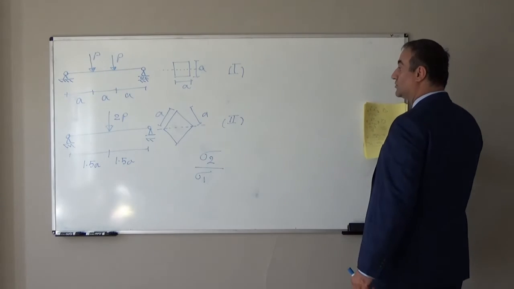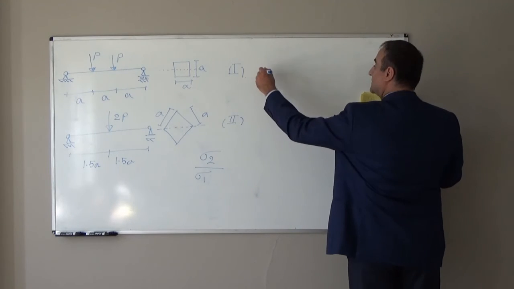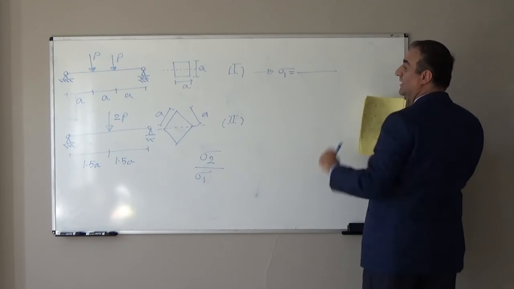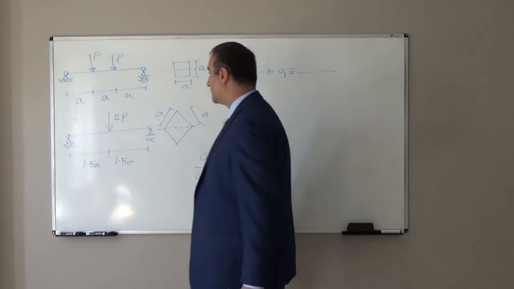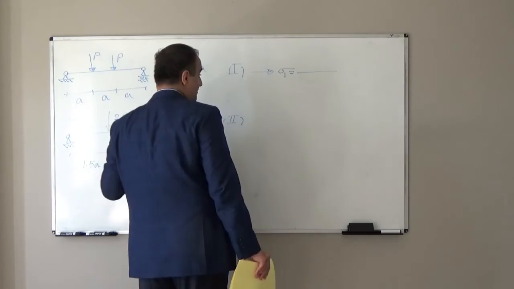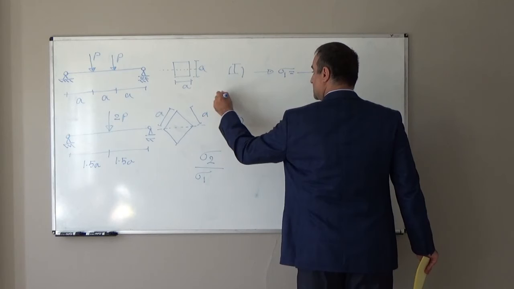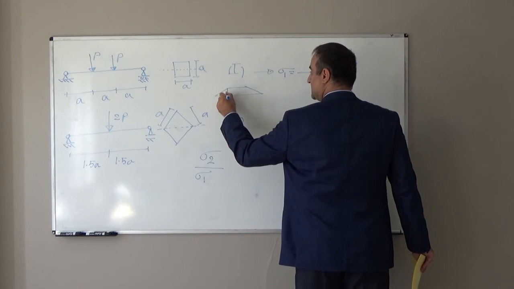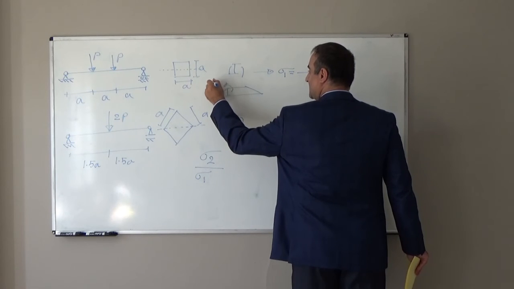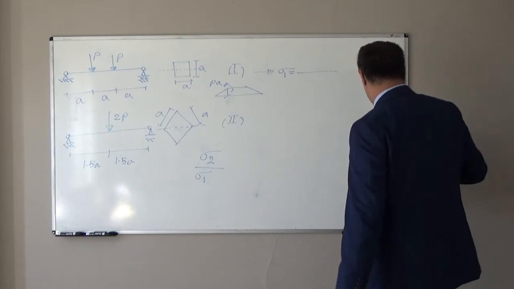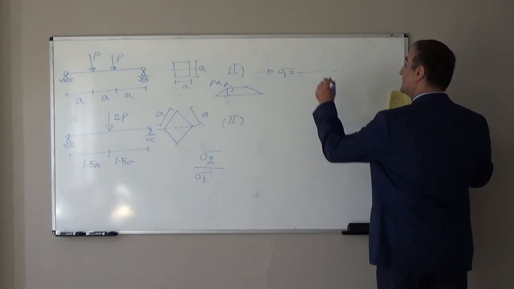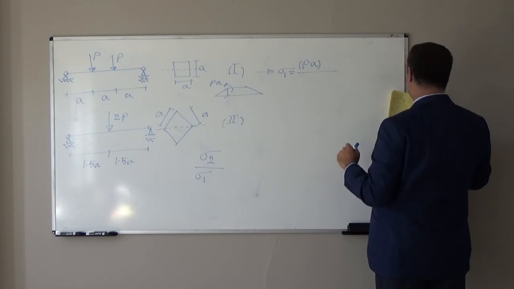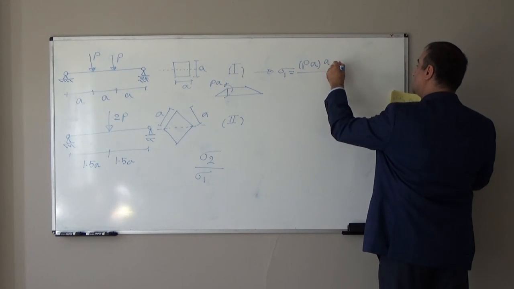In order to find that, let's look at case 1. Sigma 1 will be equal to M. The maximum moment here, if we draw the moment diagram for this shape, it will be like this, and here the magnitude will be P times A. The maximum moment is P times A. Y, the distance of the extreme fiber, is A over 2.